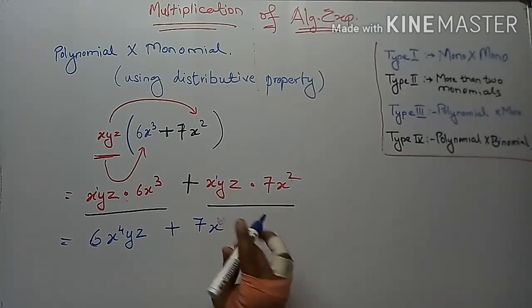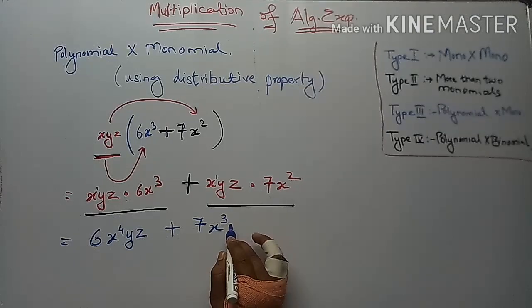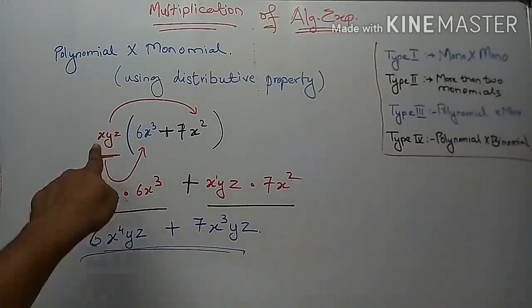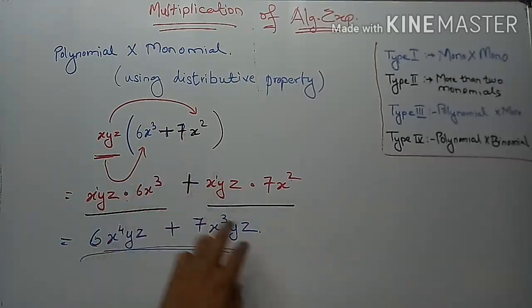This is just a revision of laws of indices. Okay, x cube yz. So this is your final answer to this. So we used distributive property, xyz into 6x cube plus xyz into 7x square, and we get this answer.